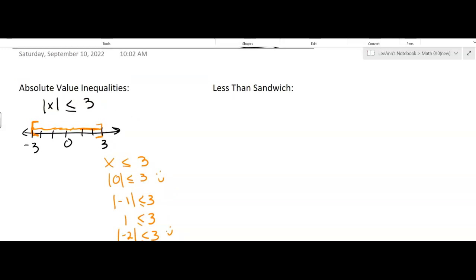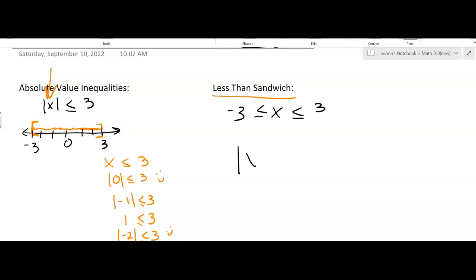Okay. So how I solve these is I make what I like to call a less than sandwich. So you're going to take whatever is in the absolute value. By the way, isolate the absolute value. You're going to take whatever's in the absolute value, and you're going to sandwich it between the positive case and the negative case. Okay?